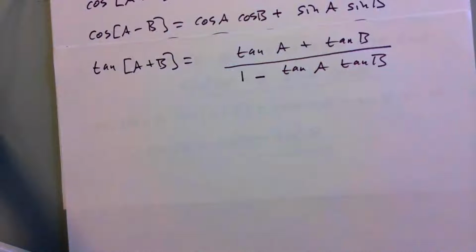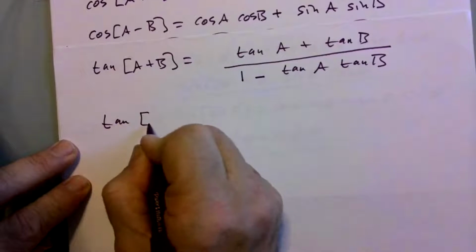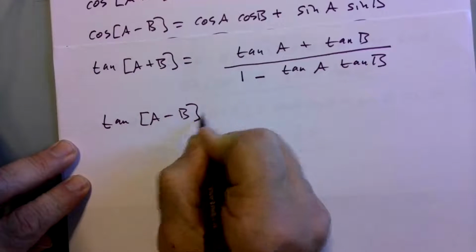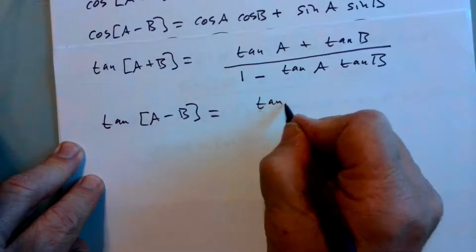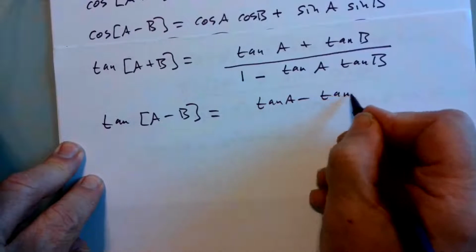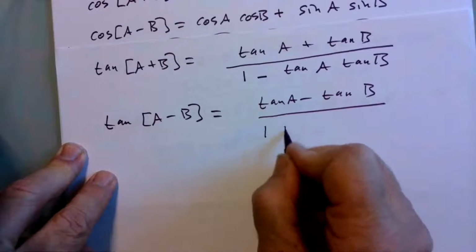And similarly, we could have one for tangent of a minus b. That's proven the same way as the last one was, so I will give that to you as an exercise. Tangent of a minus b is tan a minus tan b over 1 plus tan a tan b.